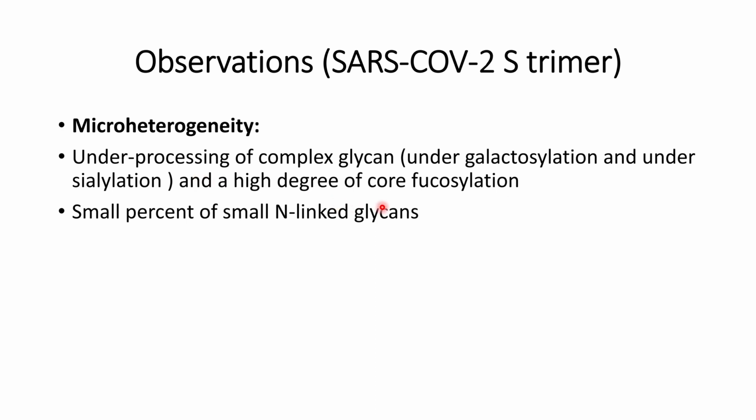However, the core fucosylation is high compared to human cells. And, oh, this is wrong, it is not N-linked. It is sulfated glycans. A small percent of sulfated N-linked glycans are also found in the SARS-CoV-2 spike protein.